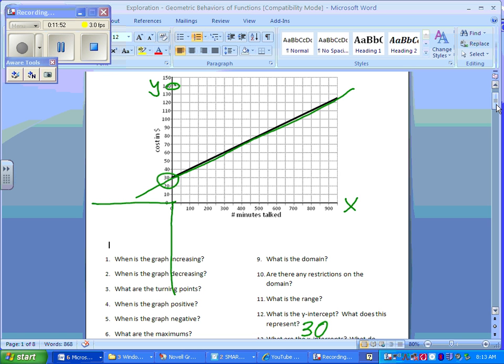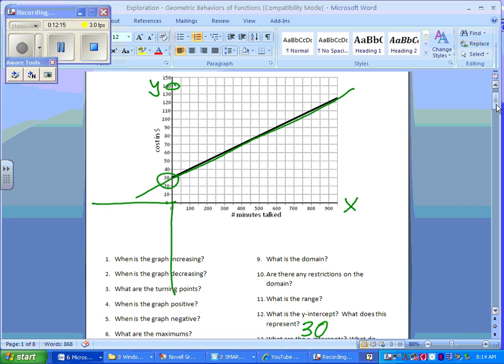You guys need to know that. And what does that represent? What does it mean when it's crossing at 30? What sort of charge is that? If your phone bill is $30, have you talked on the phone at all?